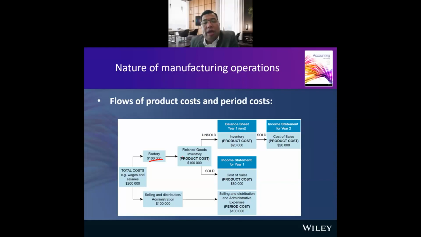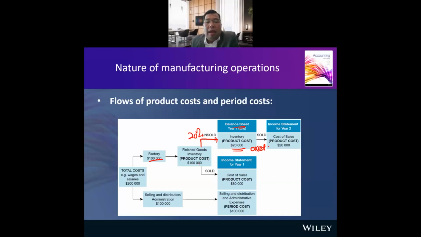But since we are not able to sell maybe 20% of the items, the 20% will be our inventories. This is our inventories. It appears in our balance sheet. This is our asset.